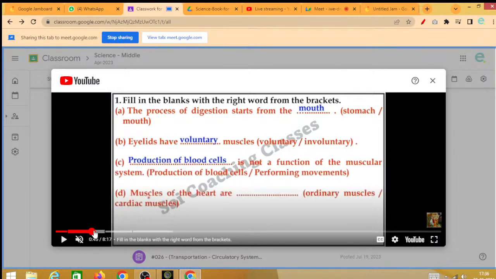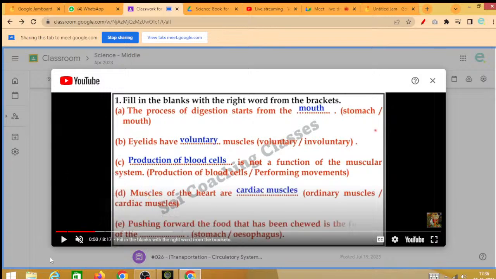Okay, next, Anjali. Muscles of the heart are... which are the muscles of the heart? What are they called? Cardiac muscles. Very good. Next, read, Yukti.